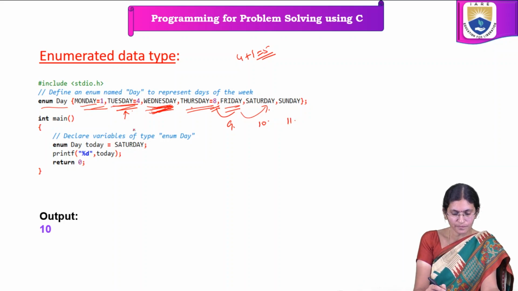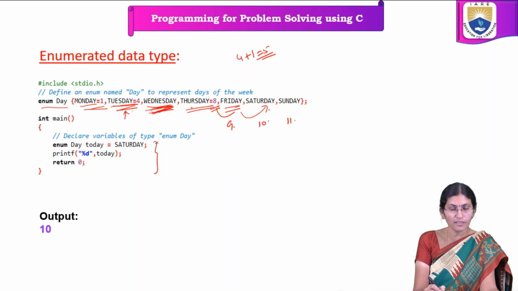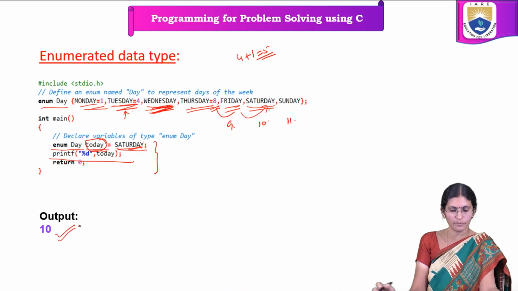Then with the same statements as in the previous program, we declare a variable today of type enum day, initialized with the name Saturday. If you print with the help of the printf statement, the output of this program is 10.